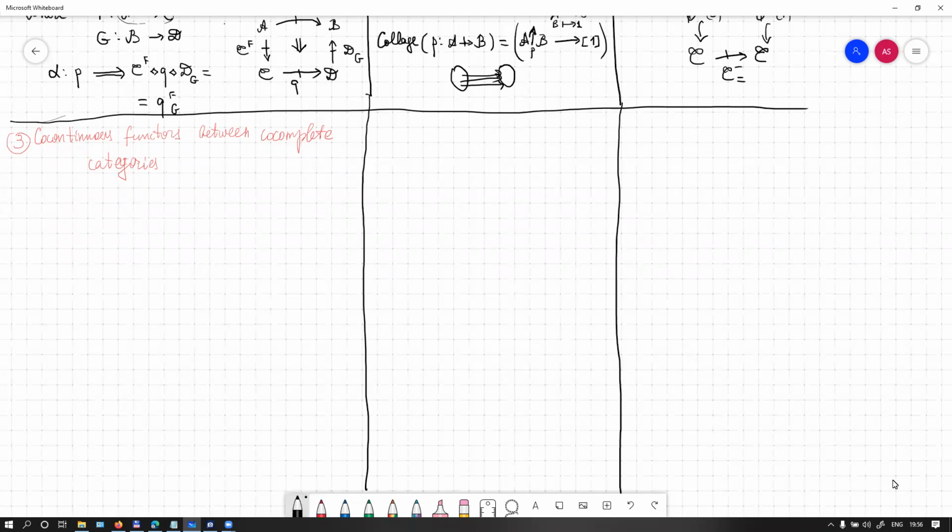So let's make certain notation. So Cocomp is a category of all small co-complete categories and co-continuous functors between them.